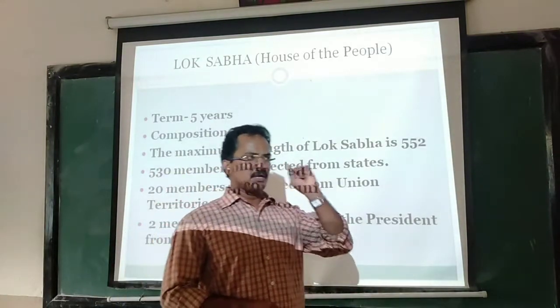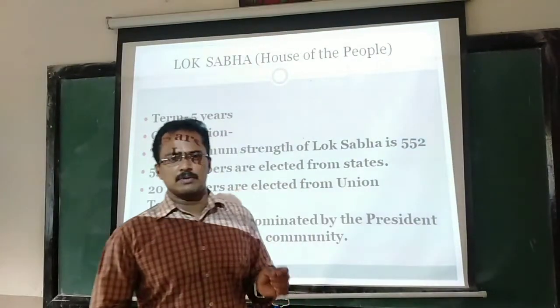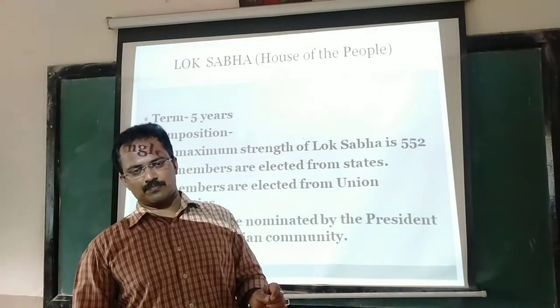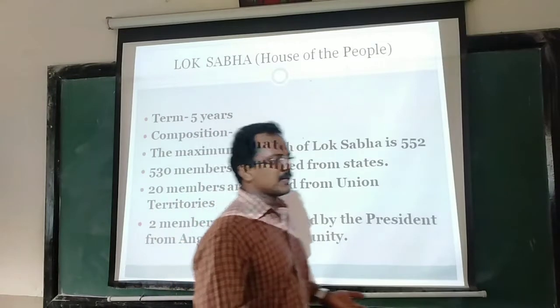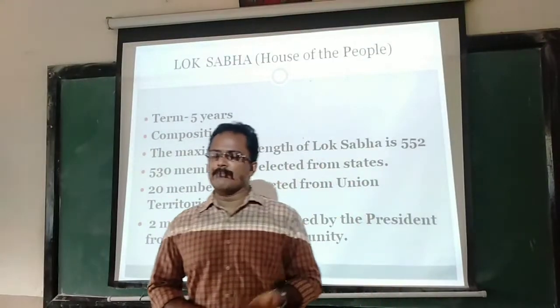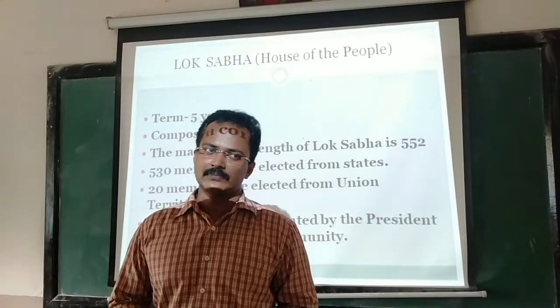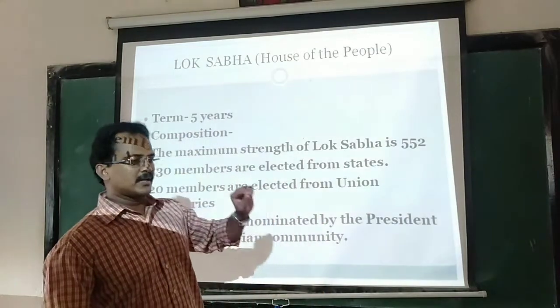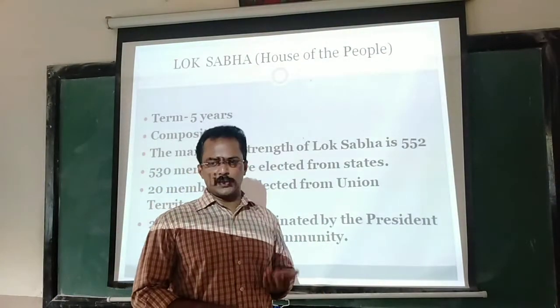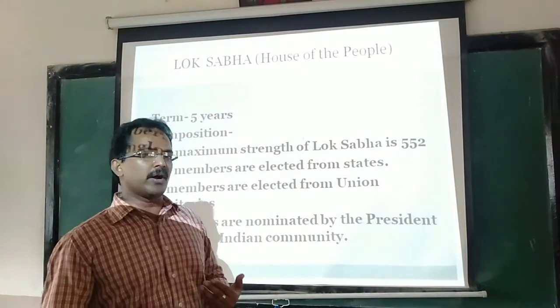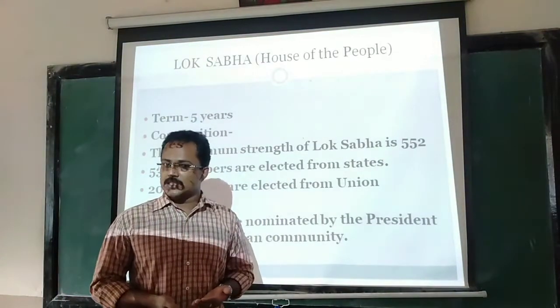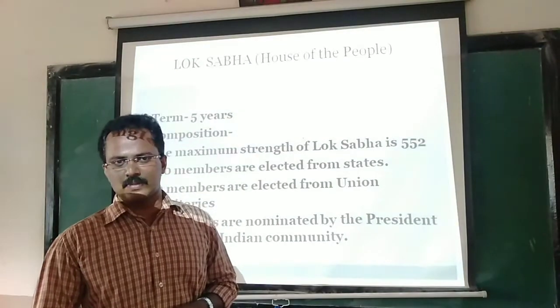The maximum number of members of Lok Sabha is 552. Out of this 552, 530 members are elected from various states. You studied that India is divided into 28 states, and these 28 states are again divided into various Lok Sabha constituencies.